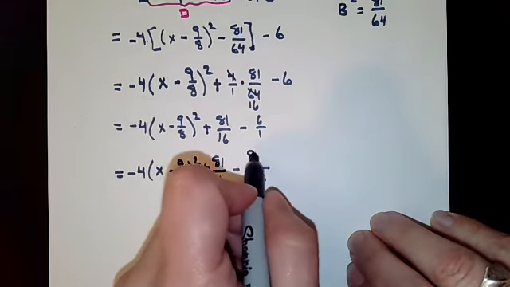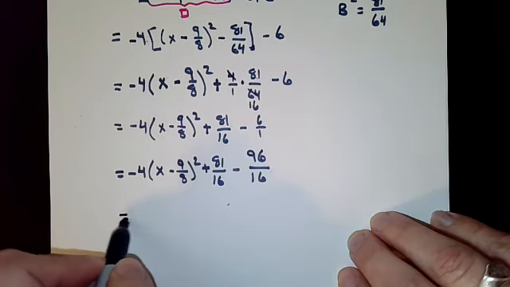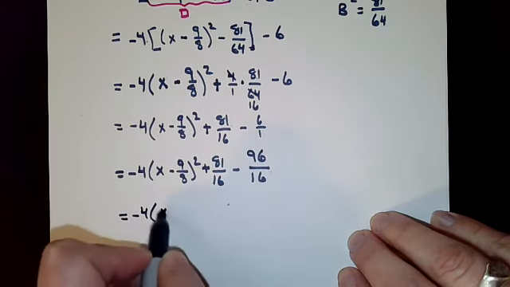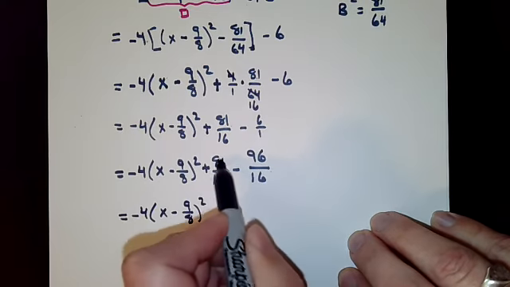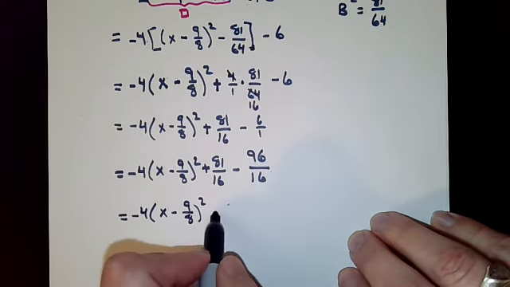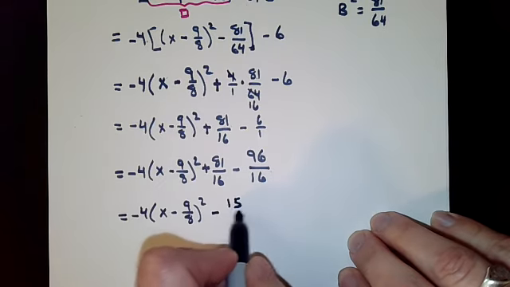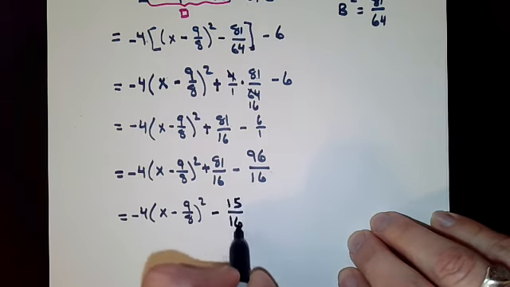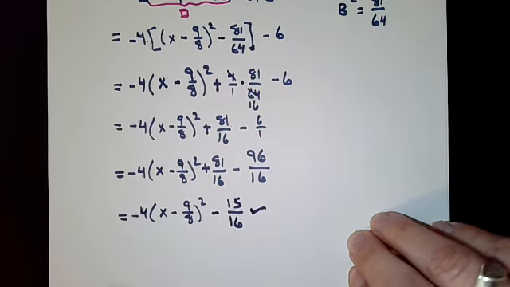There we go. Double check my math. Tell me if I got it wrong. So positive 81, negative 96. That's going to be negative, that's what, 6 and 9, 15. And as long as I did the arithmetic in my head correctly, that should be the completed square form.